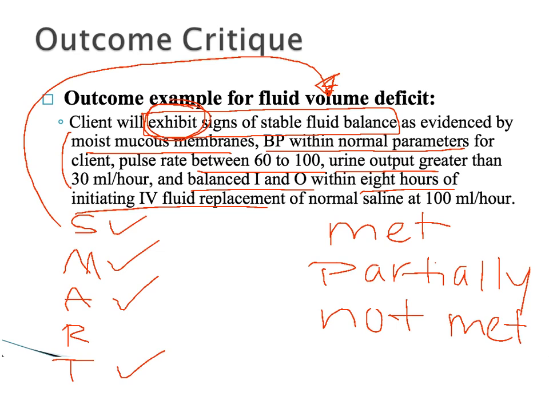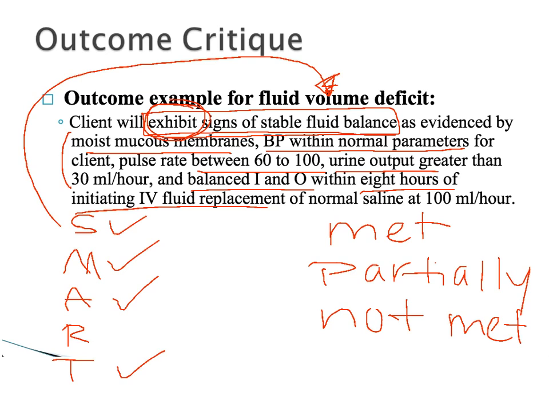If you say for your time reference that they'll be exhibiting signs of stable fluid balance during hospitalization, that's too wishy-washy. I don't know when I'm supposed to evaluate that, and maybe that means I'm only supposed to evaluate that on the day of discharge. If you wait 3 days later, on the day that they're supposed to be going home or going to their rehab facility, that's too late.